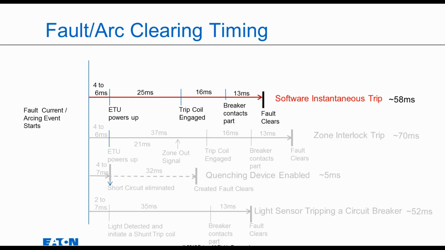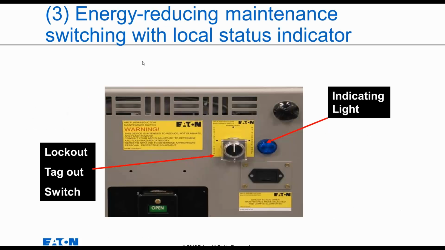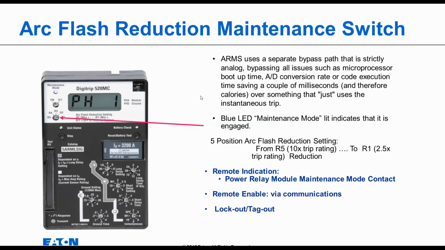And our third system is an energy-reducing maintenance switching with local status indicator. So we've got this maintenance switch and an indication of it being engaged. In this particular trip unit, in this white area is the arc flash reduction maintenance switch.